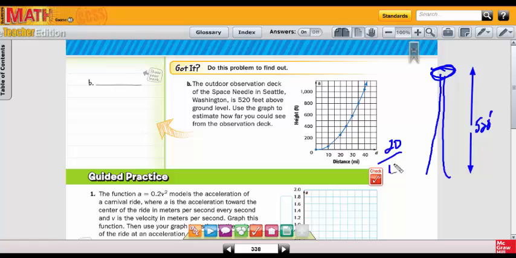20 1/100ths, which is 1/5 of the way from one of these lines to the next line. So 520 feet, well, this would be 500 right here, so we're going to try and do this. Let's get the pen to work here. 520 is going to be right about there. That came out pretty well. So now we have to read that down here.